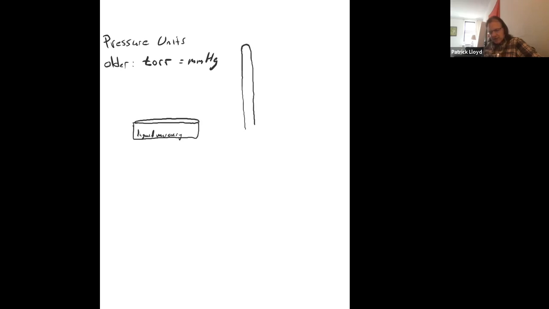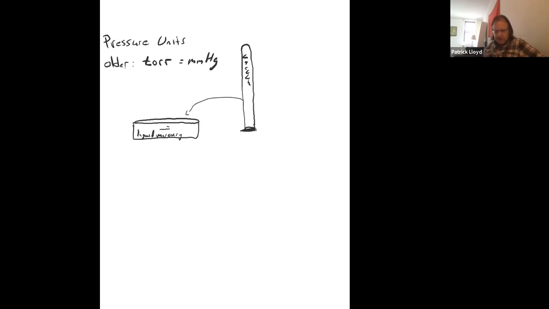You make a really long tube, like a yard, a meter long. And you evacuate it, meaning you pull all the air out of it so that it's completely empty. You plug up the end while you're doing that, but you essentially turn this into a vacuum. And then you just plunge it into the liquid.